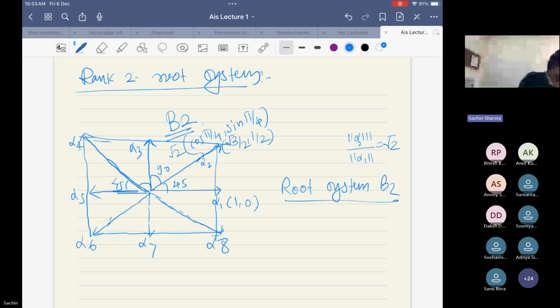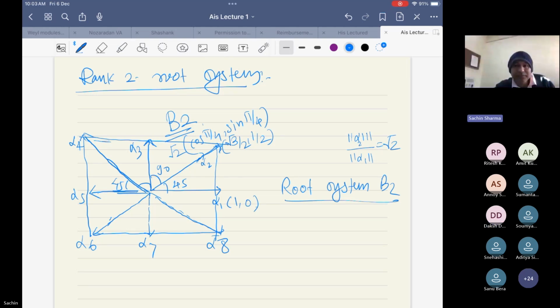This is just from the diagram and knowing that there are only 2 root lengths. That's how you get it. Sir, I had a question. The last theorem we proved, and we made a table, is true for any arbitrary root system, and we're just applying it to this one. Yes.